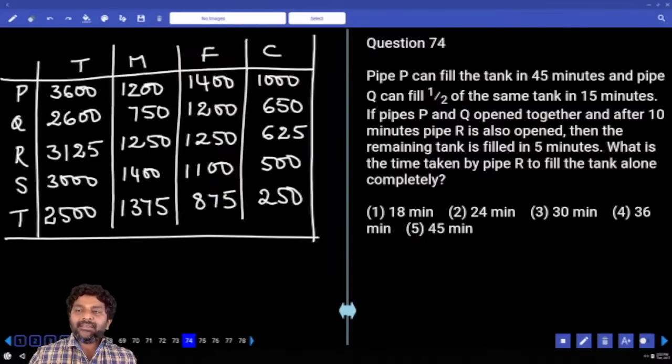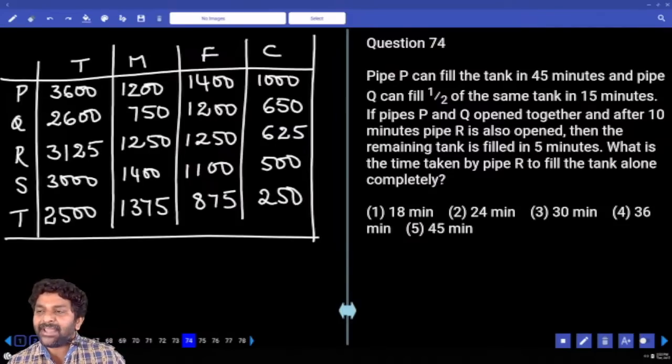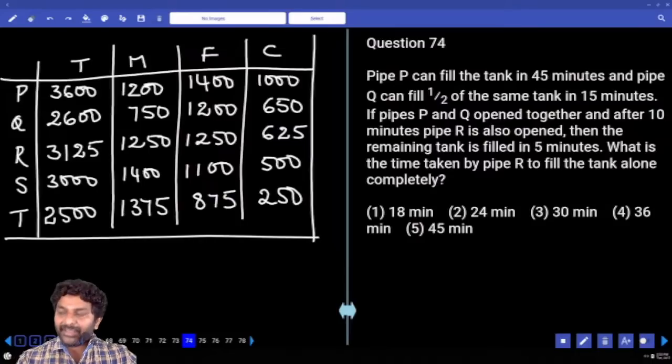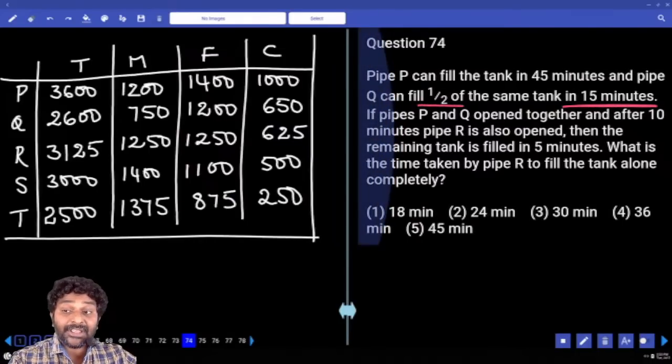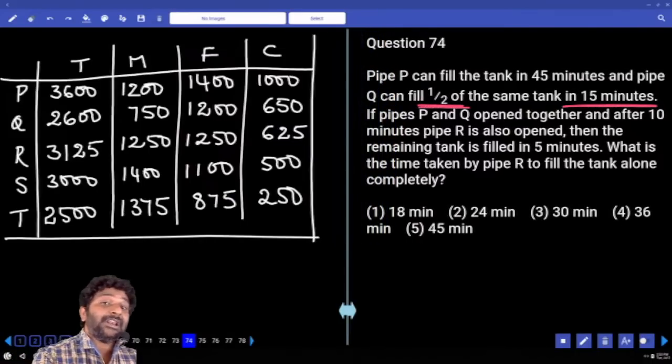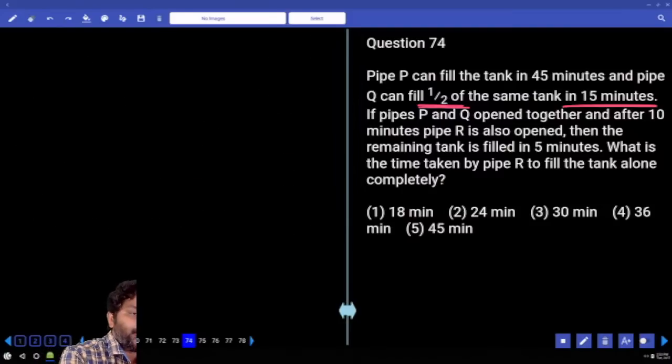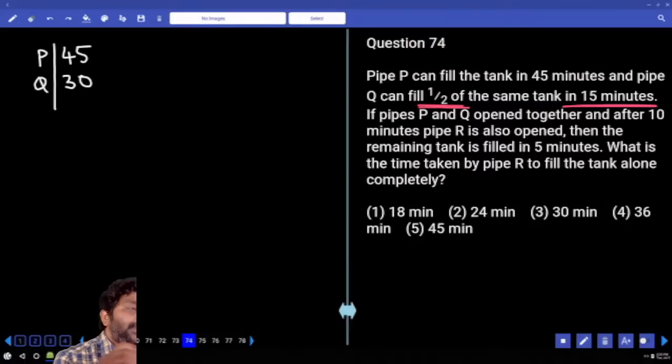Pipe P can fill the tank in 45 minutes. Pipe Q can fill half of the same tank in how much quantity? Then total, right? So P can fill the tank in 45, Q can fill the tank in 30.